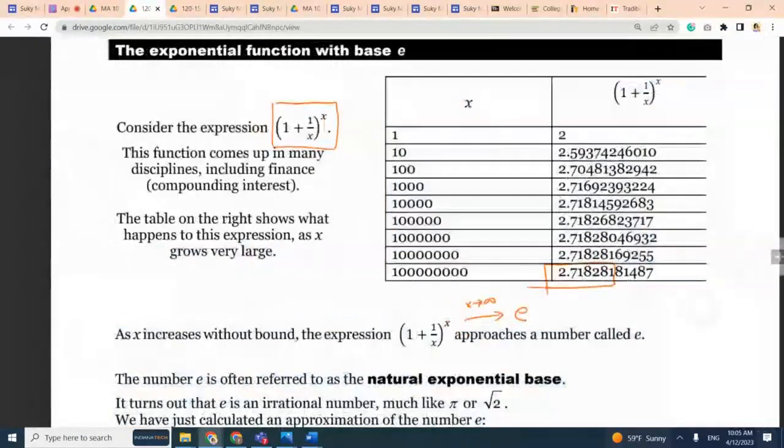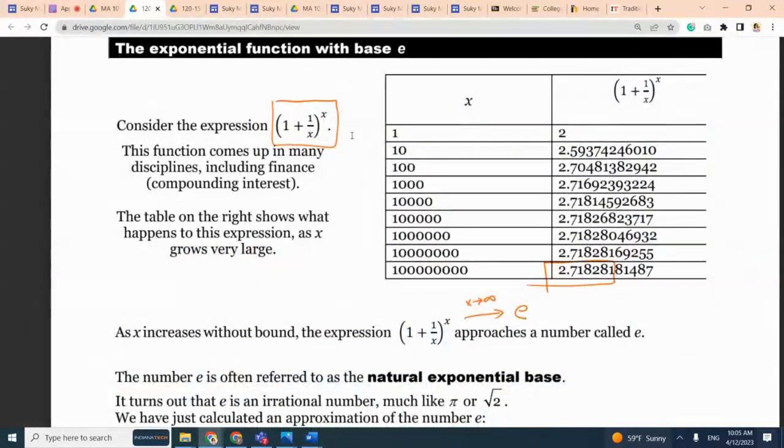And then the exponential function with the base e. Consider the expression 1 plus 1 over x, raised to the power of x. If you plug x equals 1 into your calculator, you get 1 plus 1, which is 2, raised to the power 1, which is 2.